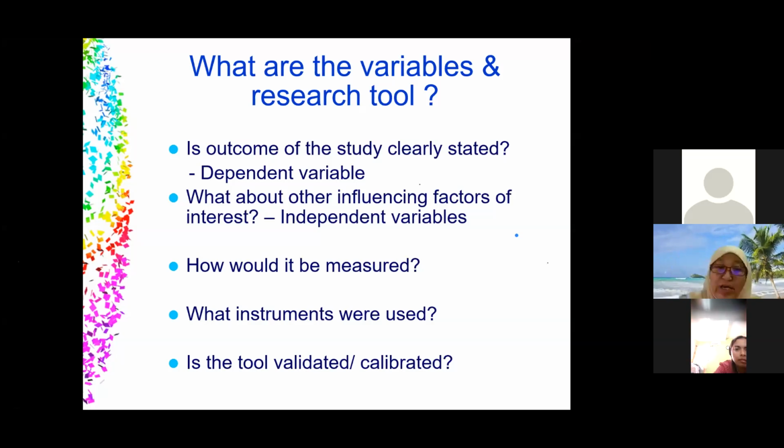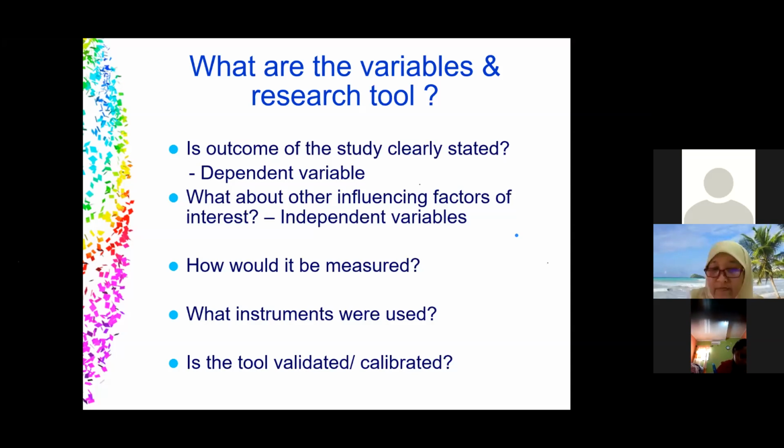And this ECOHIS is a validated instrument. Then it's a good paper because they mention the variables and the tools, and the tool has been validated and calibrated. Sometimes a poor study just uses their own questionnaire without being validated at all. So how do you know that the instrument is valid to measure the outcome?